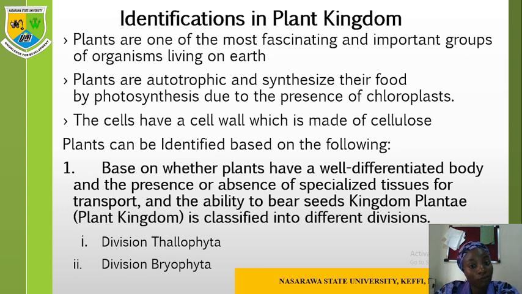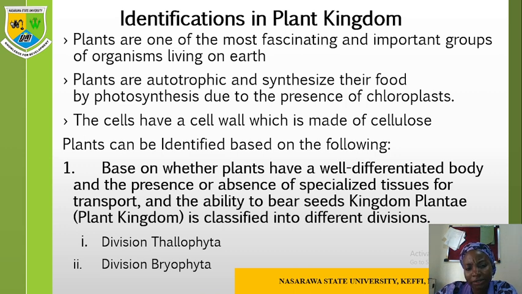They are autotrophic and synthesize their food using the process of photosynthesis, due to the presence of chloroplast. The cells have a cell wall which is made up of cellulose.